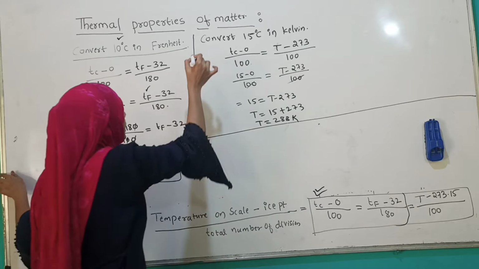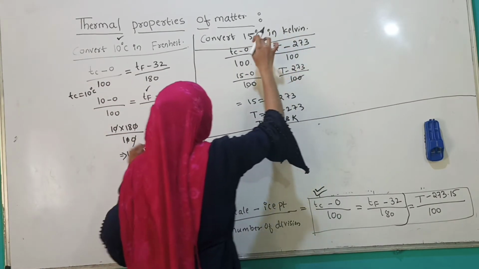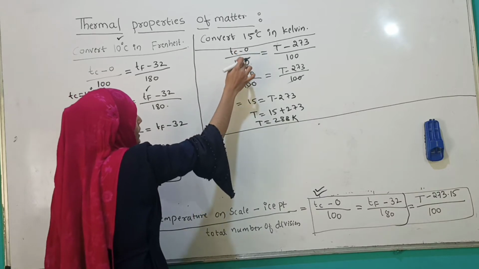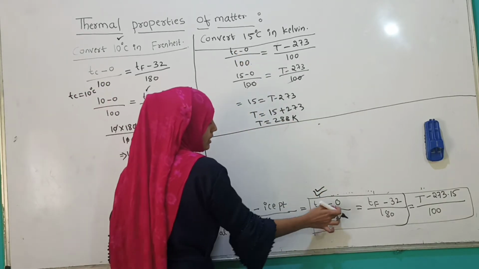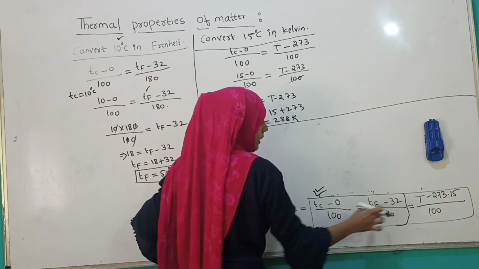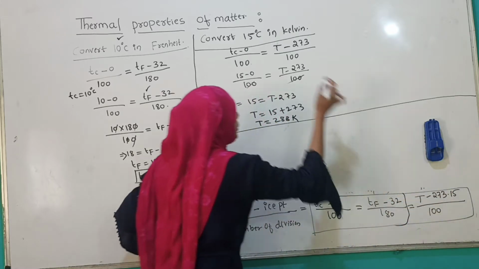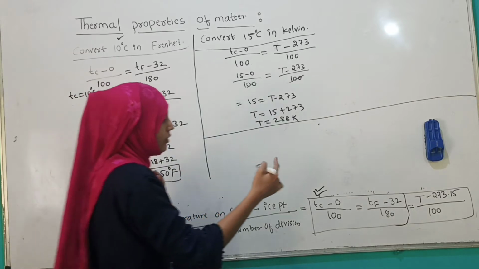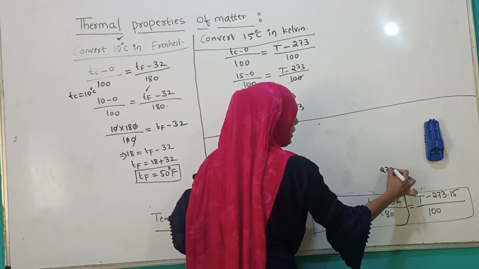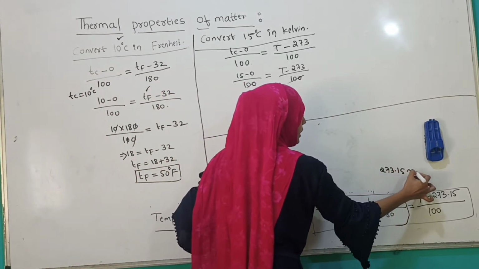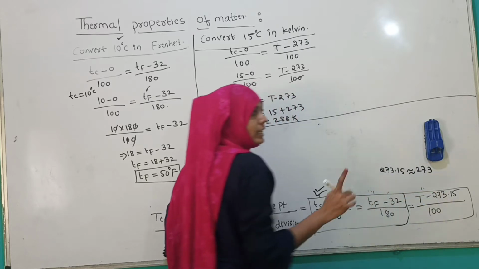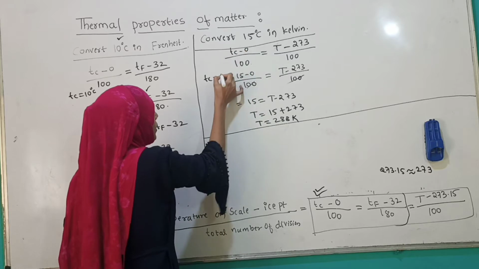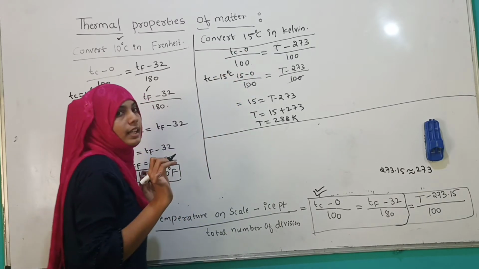Also convert 15 degree Celsius to Kelvin. See, (Tc minus 0) divided by 100 equals (T minus 273) divided by 100. Here we have taken 273.15 as nearly equal to 273. Tc is 15 degree Celsius.